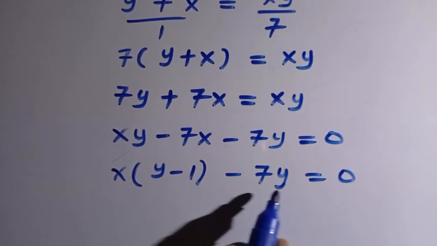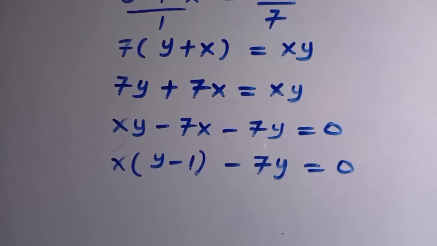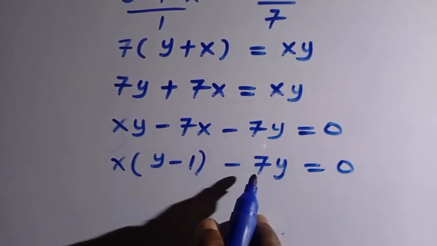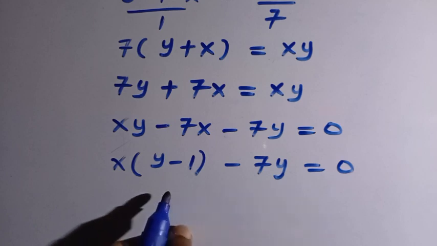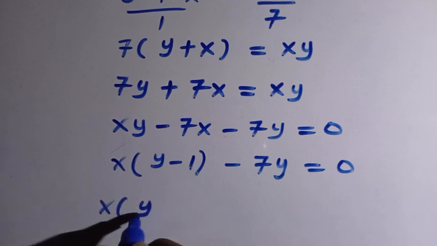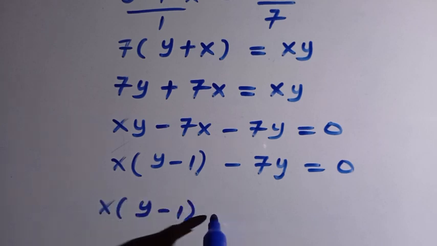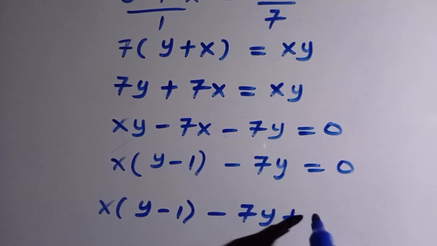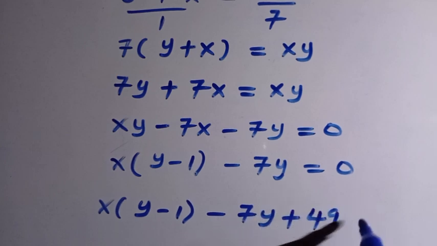How can I get that? It's very simple. Suppose I doubled 7, which is just in a multiplication form, 7 times 7, that is 49. So let's add 49 to both sides. So here you have x into bracket of y minus 1 minus 7y plus 49 equals 0 plus 49.